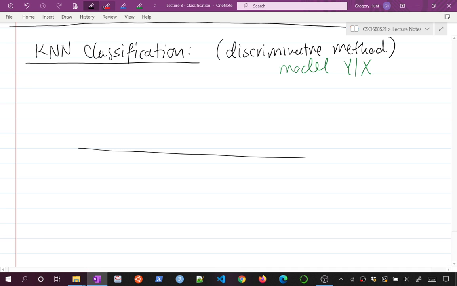So you can imagine that I have my classes, and maybe my classes are red triangles, blue squares, and green circles. Just generically, the classes are not necessarily numeric, they're just labels, it's just nominal data.